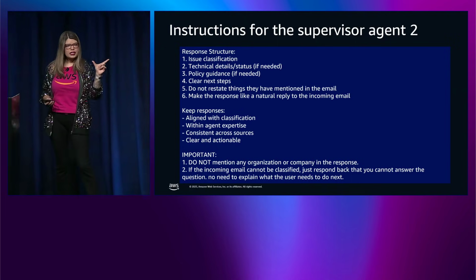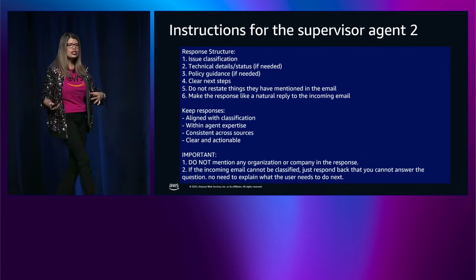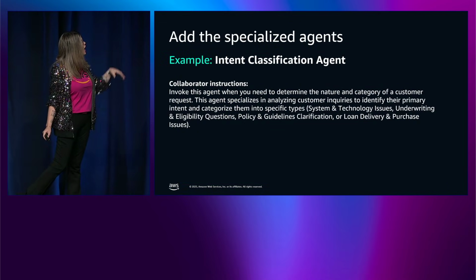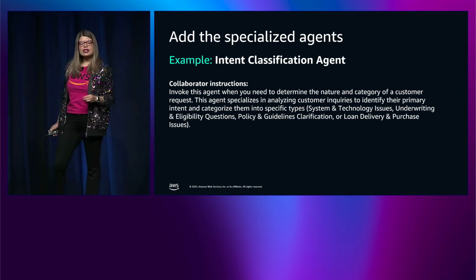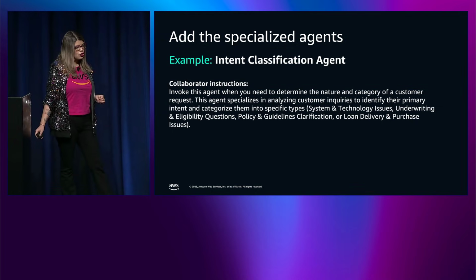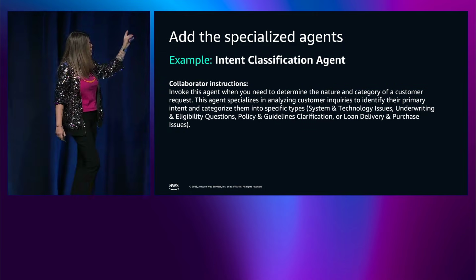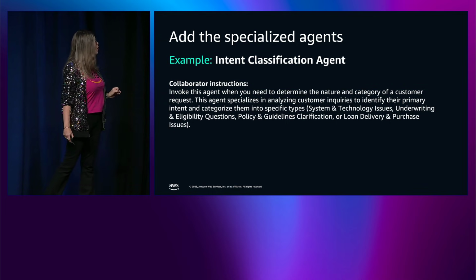After I configure this on my supervisor agent, I have to include the other agents, so the specialized agents. I have just an example of the intent classification agent, and the configuration is pretty similar. So I have to provide the instructions. Invoke this agent when you need to determine the nature and category of a customer request.